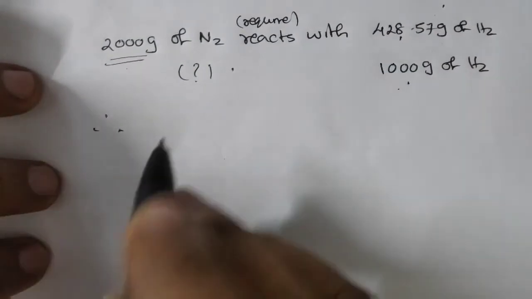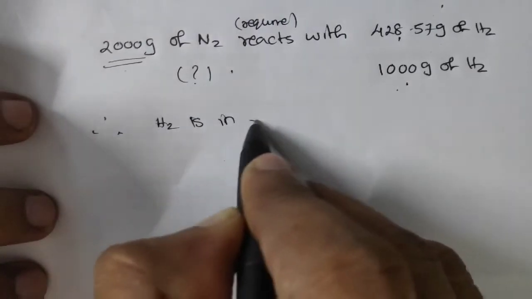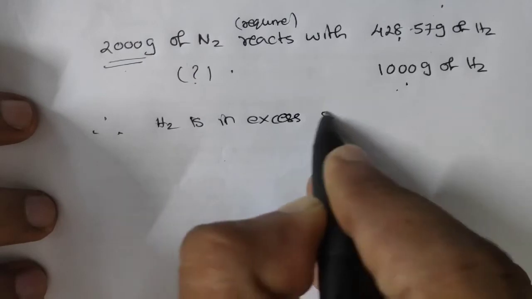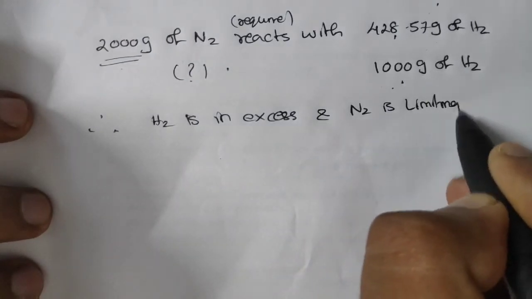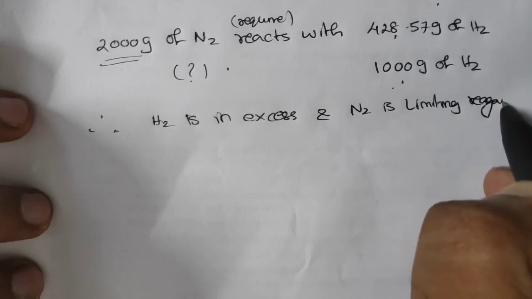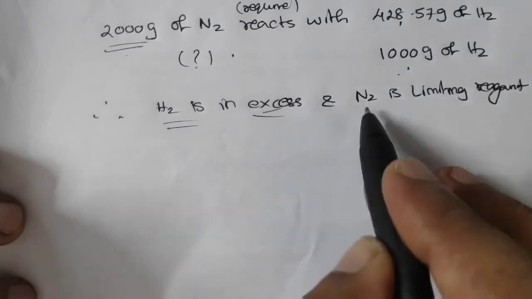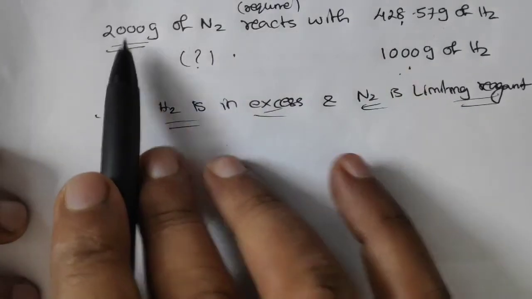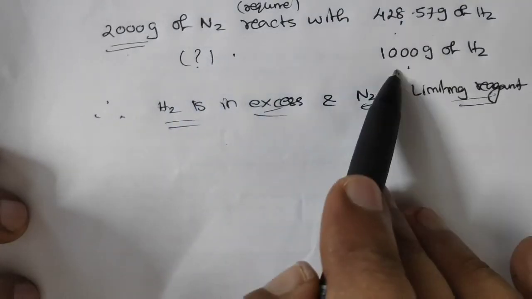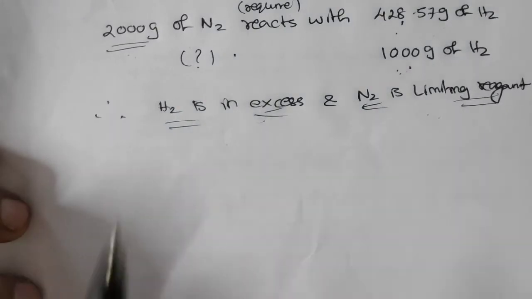So from this we can make out that H2 is in excess and N2 is the limiting reagent, because for the 2000 only this much is required, but we have 1000, so obviously this will require more. So N2 is the limiting reagent.